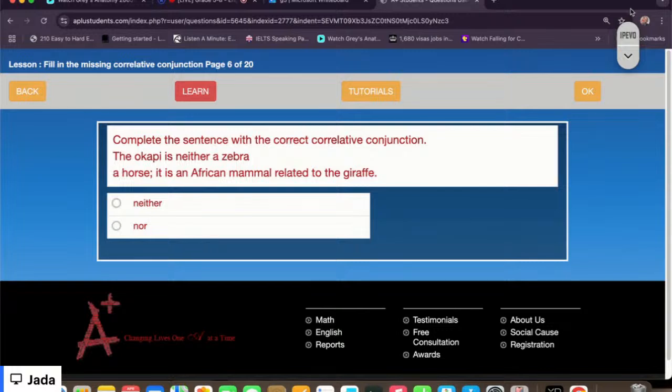The okapi is neither a zebra nor a horse. It is an African mammal related to the giraffe.